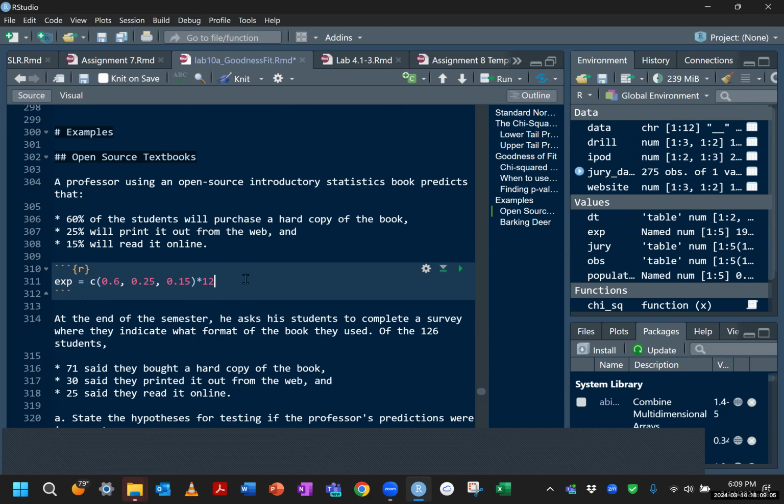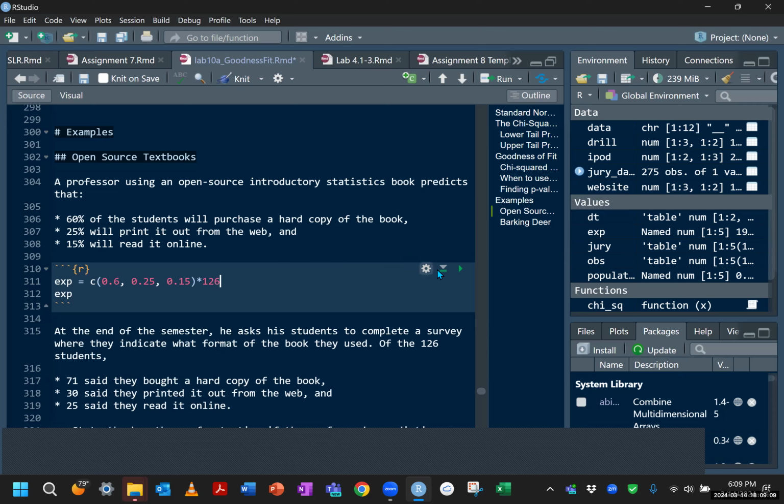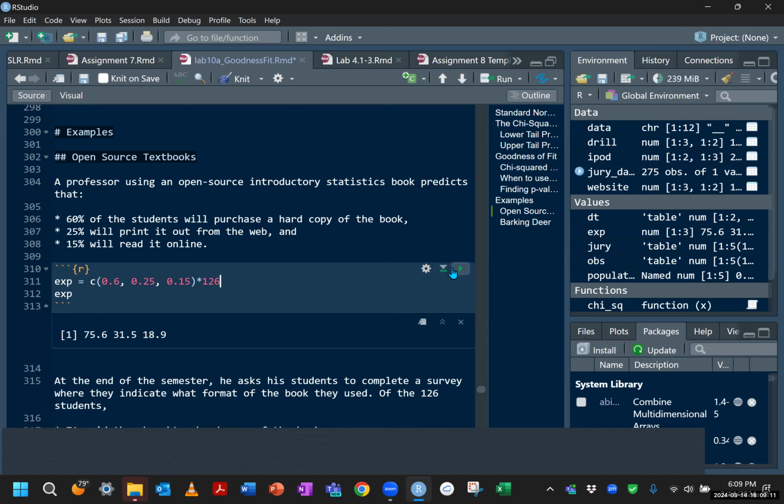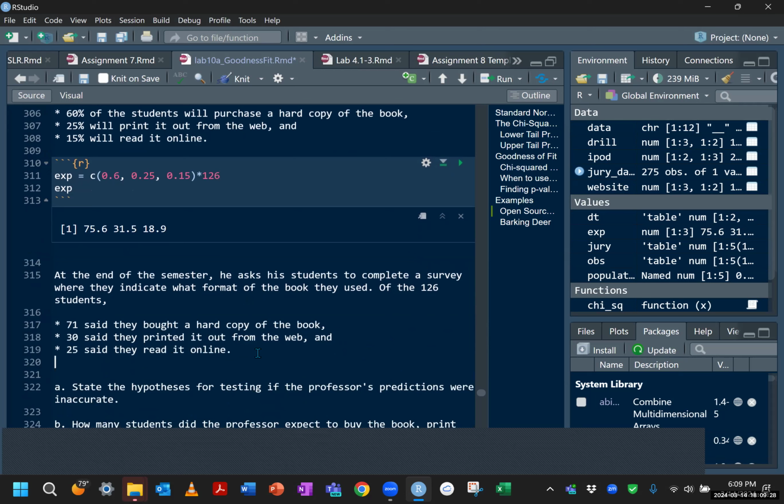If I multiply by 126, you'll see we get expected counts. That's important. When finding your chi-squared statistic, you're using the counts, not just the probabilities. That's why I'm multiplying by 126. 60% of that is 75.6 students, 25% is 31.5, and so on. Those are my expected counts.